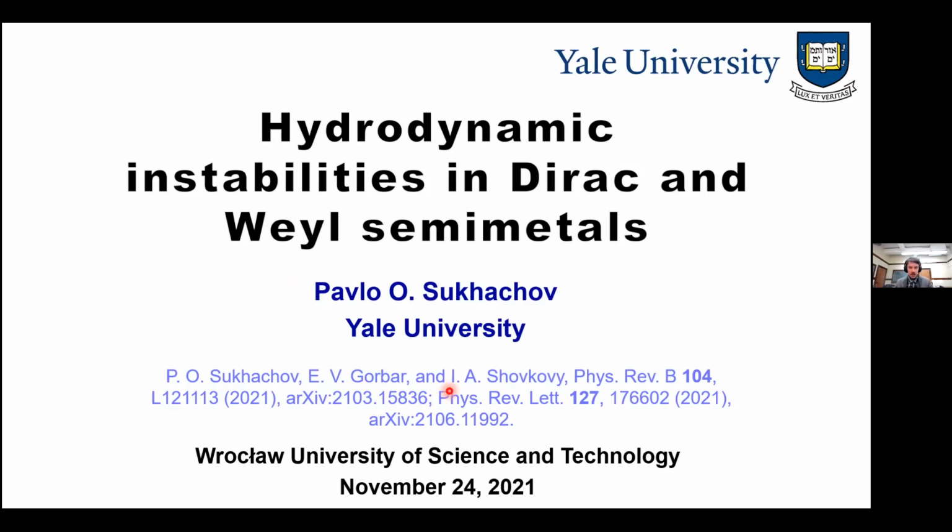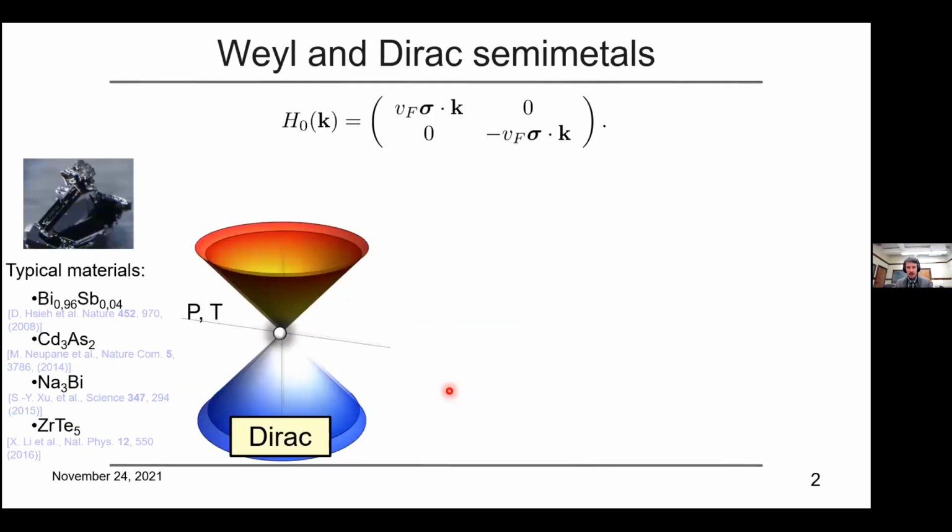To start with, let me briefly discuss the systems that we are interested in, Weyl and Dirac semimetals. Recently, these materials appeared and quickly moved to the forefront of both experimental and theoretical condensed matter studies. The low-energy Hamiltonian of Dirac semimetals is given by the following rather simple expression.